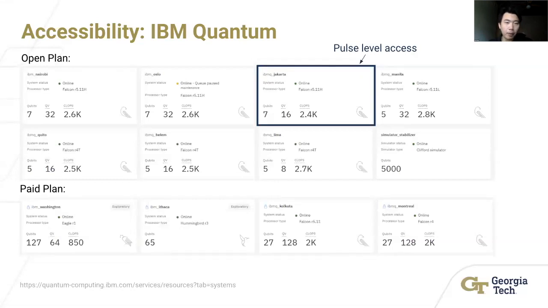They have opened a lot of 5-qubit and 7-qubit quantum hardware to the public, and you don't need to pay anything. There's one, IBM Q Jakarta, that has pulse-level access. If you're working on compiling pulse-level stuff, this will probably be your best friend for some time. Also, it has certain paid plans to go up to 127 qubits, maybe. This is what they have on the website.